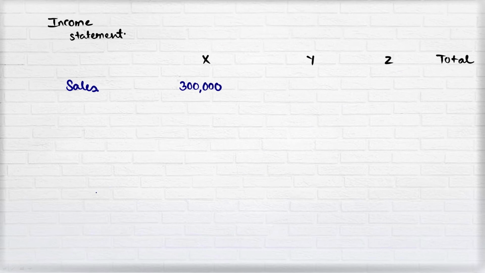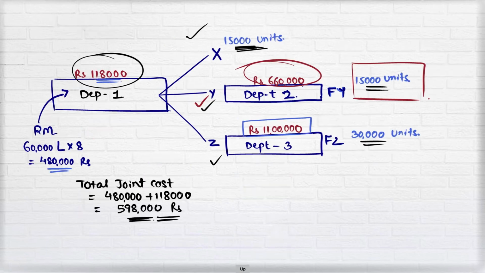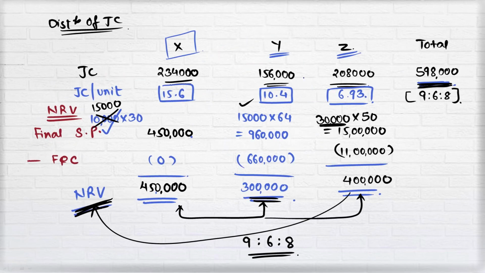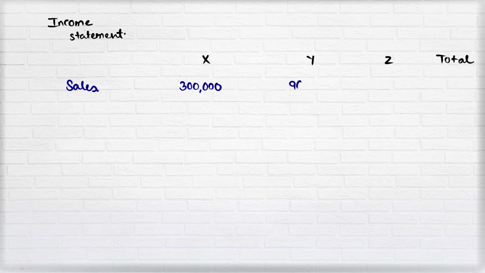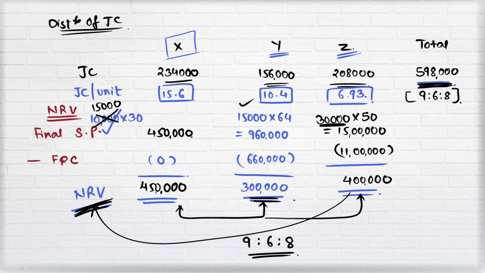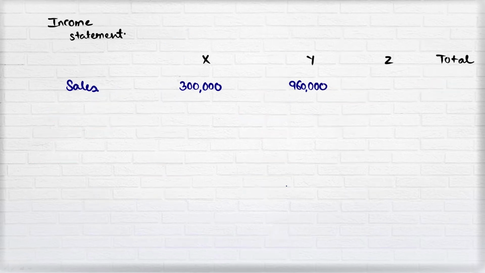Now I am finding out actual profit earned, the realizable profit. I am finding out realized profit. Y will be same, 15,000 into 64, 9,60,000, and Z will be 22,500 into 50, 11,25,000.